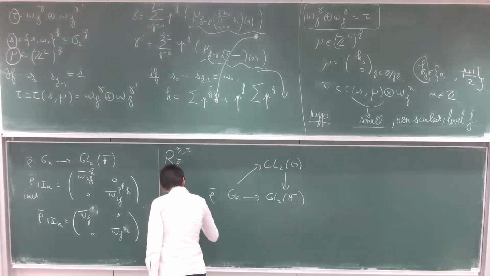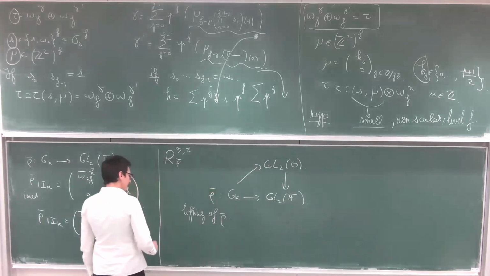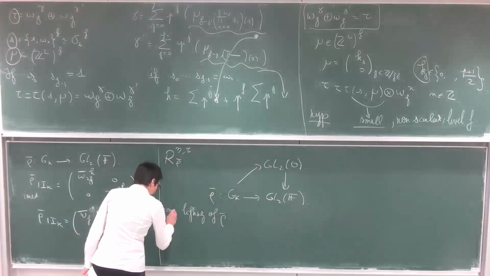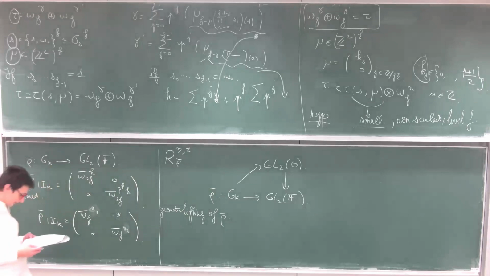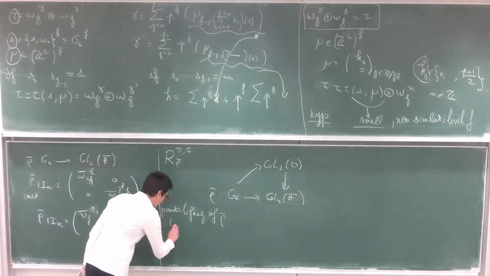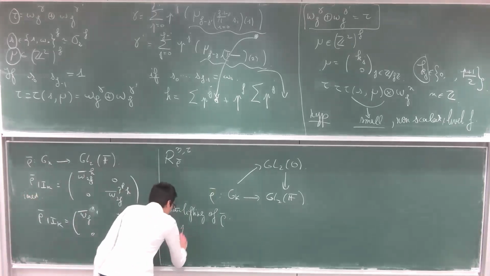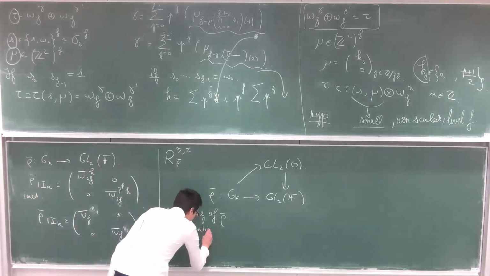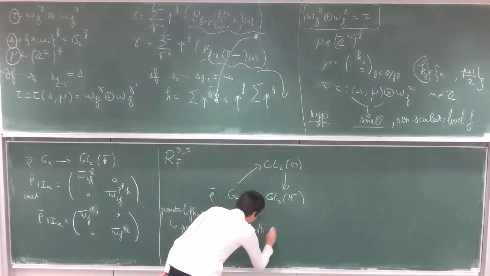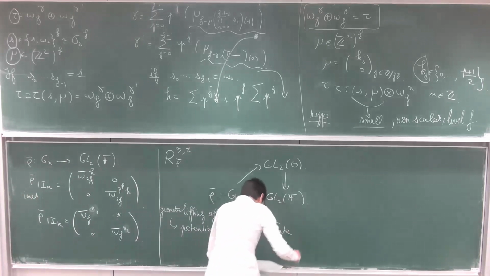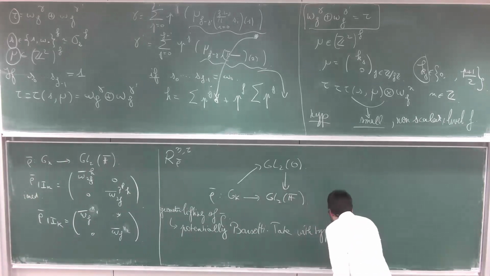Okay, so this is a lifting of rho bar, but we are interested with geometric lifting. So what means geometric? In a very precise way, it means potentially Barsotti-Tate with type tau.